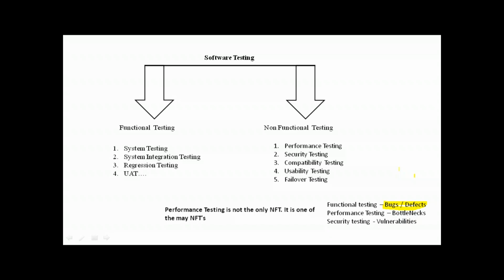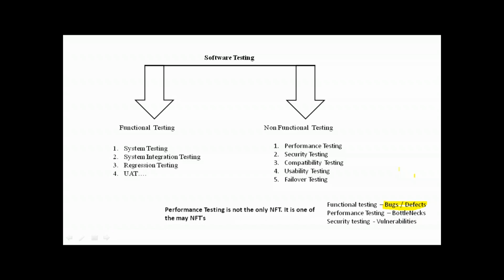For example, when you click on add to cart, let's say it's an e-commerce application like Amazon, and you have searched for a product. When you click on add to cart, that product needs to be added to the cart. But let's say that's not happening. When you're testing that application, you've selected a product and you click on add to cart.